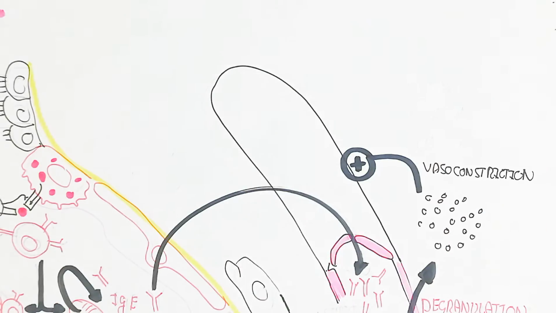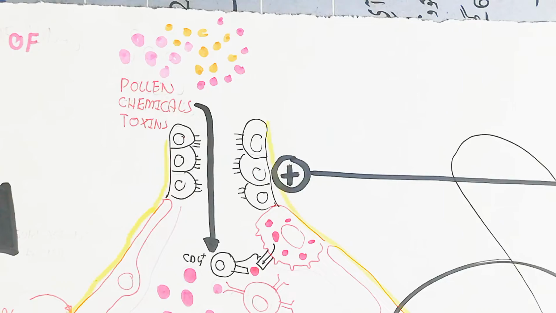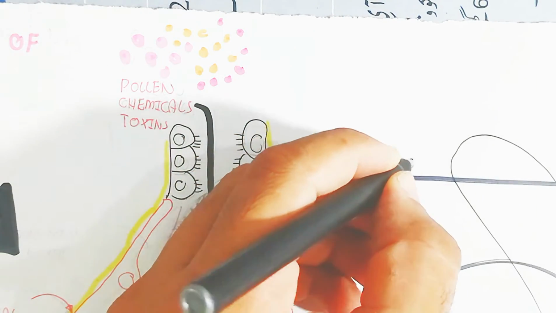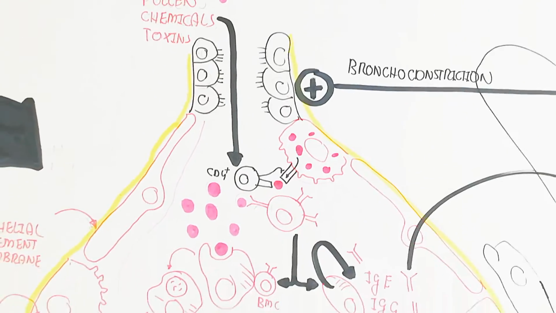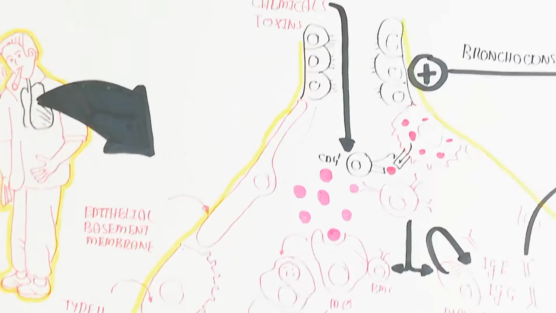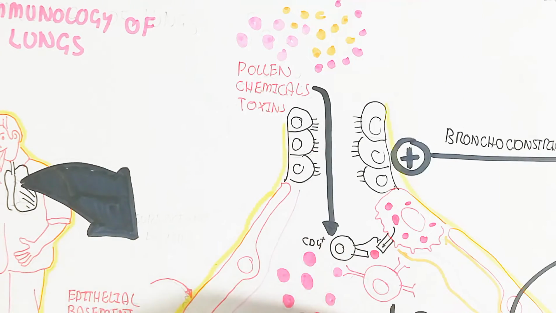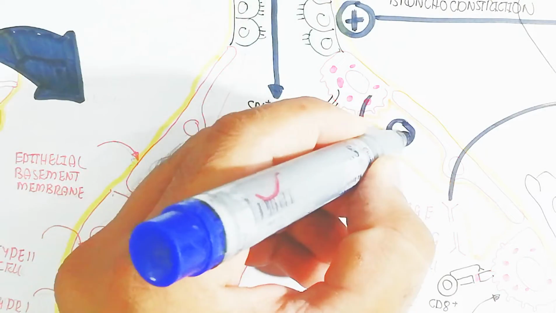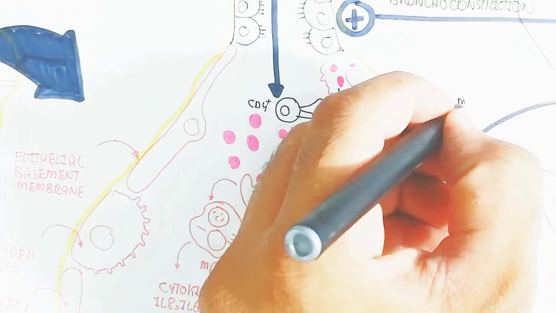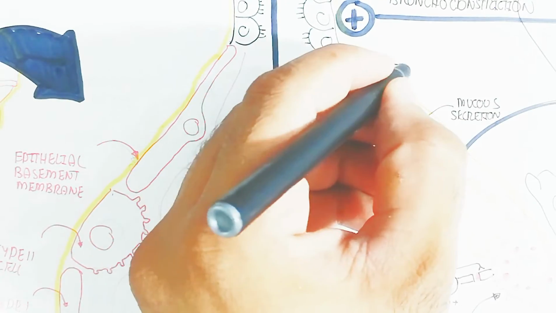This histamine also recruits more immune cells, but it will lead to vasoconstriction and bronchoconstriction, which will lead to constriction and pulmonary hypertension. And on the other hand, the surfactants increase due to the hyperplasia of the type 2 cells of the air sac, and there is more mucus secretion.